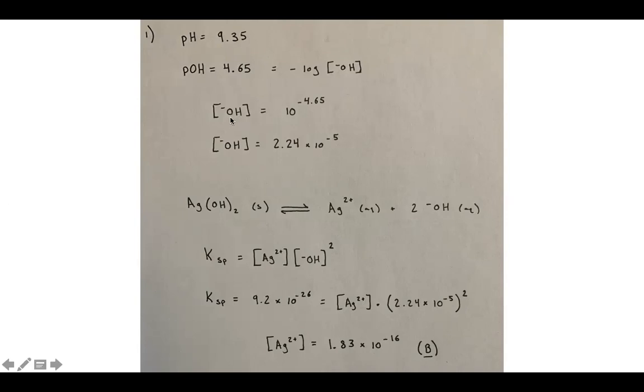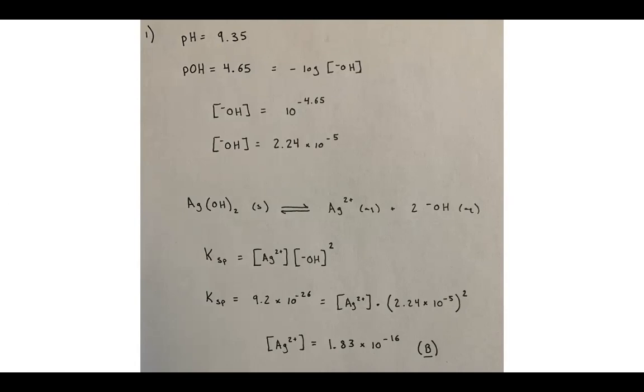So we can solve for our hydroxide concentration by doing 10 raised to the negative pOH, so 10 raised to the negative 4.65. This tells us that once this silver hydroxide solid has dissolved as much as it will, my hydroxide concentration is going to be 2.24 times 10 to the negative 5th.